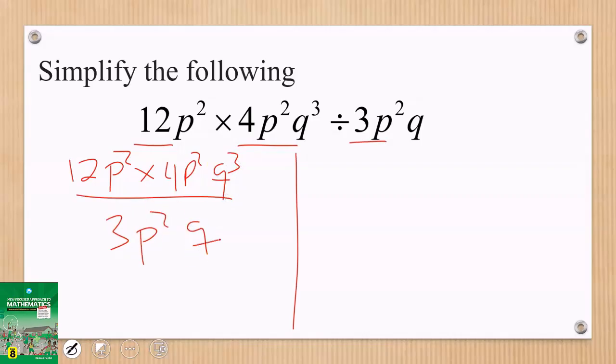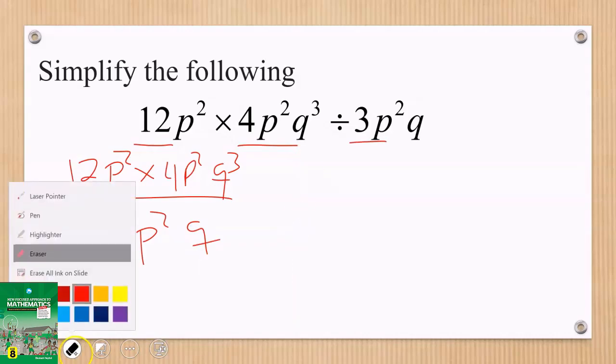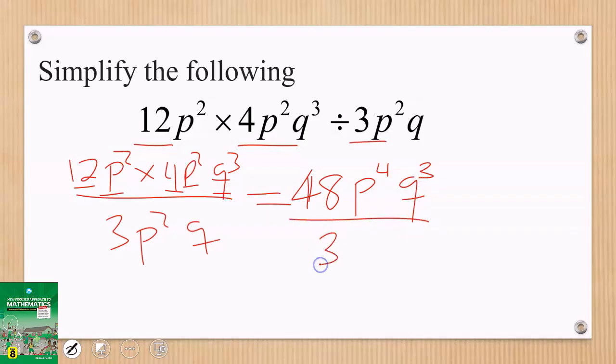So now we can multiply the top, which is 12 times 4, and we know that will give us 48. Then p squared times p squared will give us p to the power 4, and then our q to the power 3, all divided by 3, p squared, q.